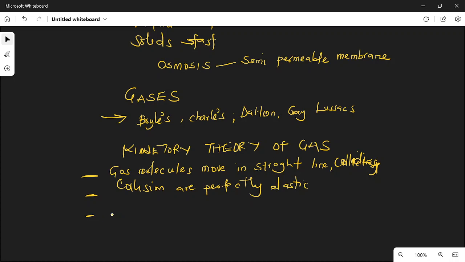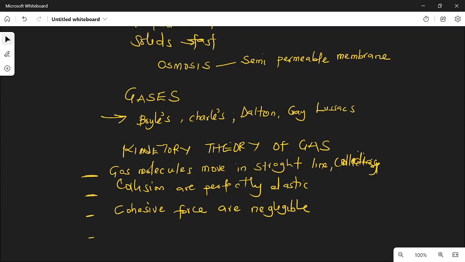They don't collide like plastic balls. When they collide like that, they just rebound. Very, very important. And again, their cohesive forces are negligible. Some scientists said there are forces between them, but we say their cohesive forces are negligible, and that's why they are widely separated.